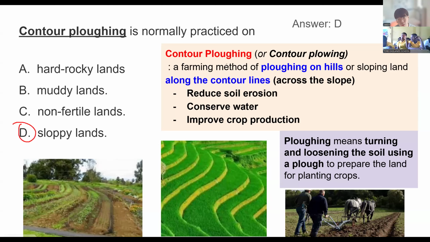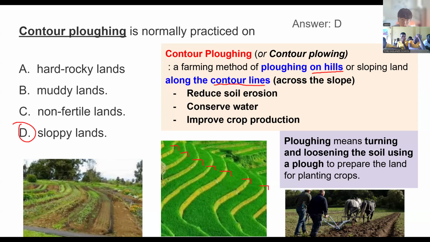Because contour plowing is a farming method of plowing on the hills. So you can see these steps that are occurring in the contour plowing. It's called contour plowing because you're sloping the land along the contour lines across the slope.